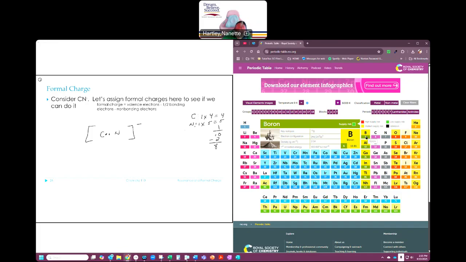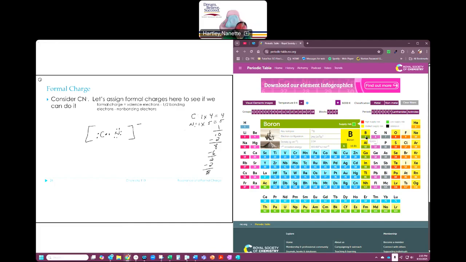We then have 8 electrons that are left. So we have 1, 2, 3, 4, 5, 6 that are distributed around the nitrogen, and that leaves it with 2 that we put on this carbon. Okay, so that's the initial structure that I would draw based on the rules that we have so far.